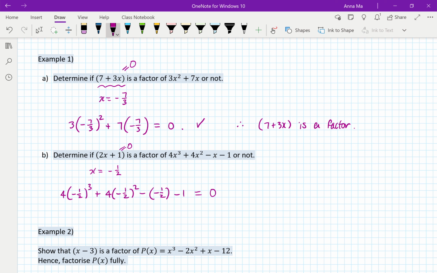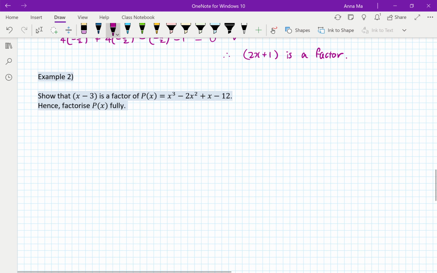Amazing. So then I can say therefore 2x plus 1 is a factor as well. And if you get any other number than a 0, that means the remainder is there, which means your divisor wasn't a factor.